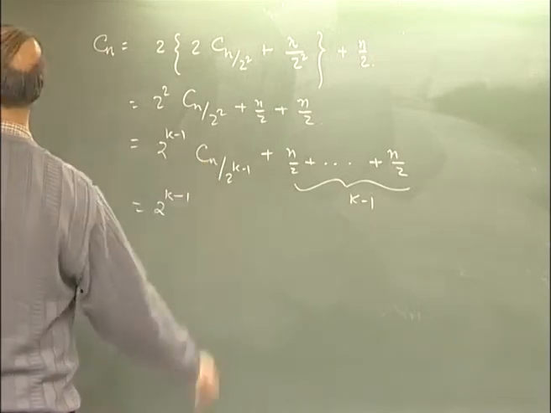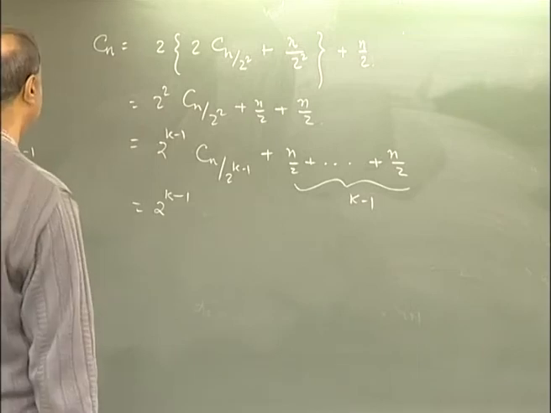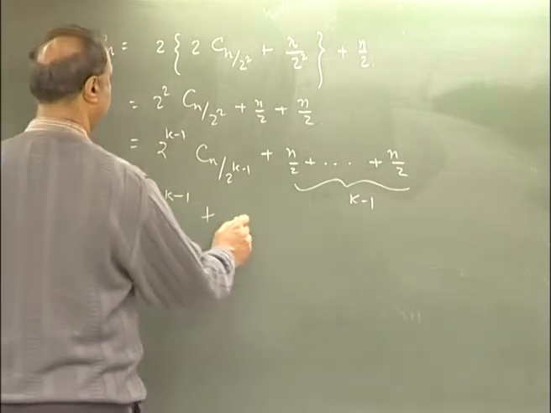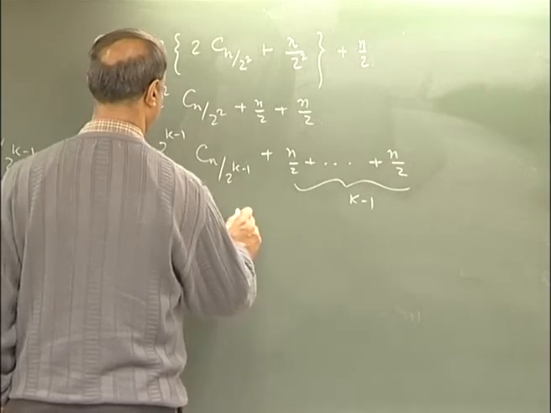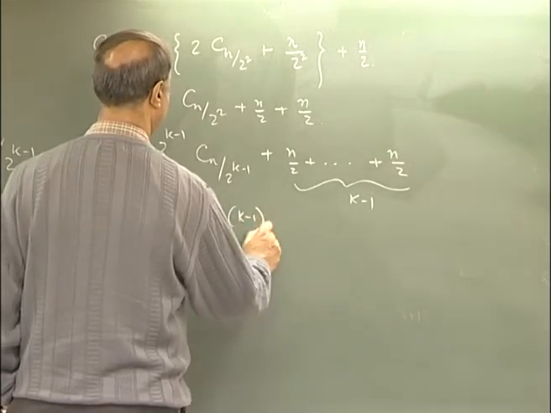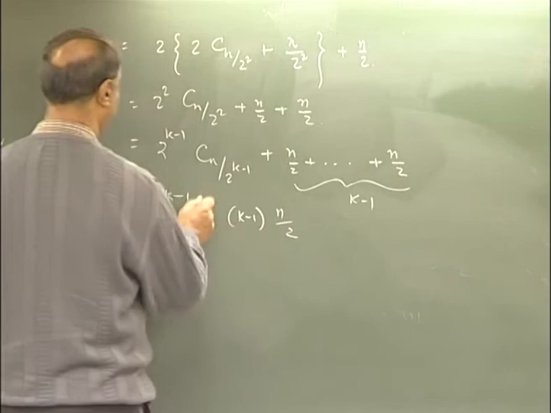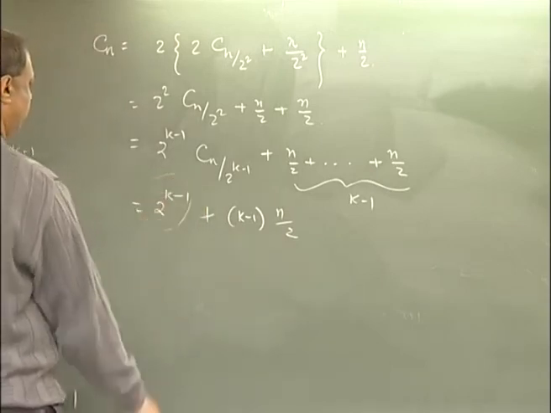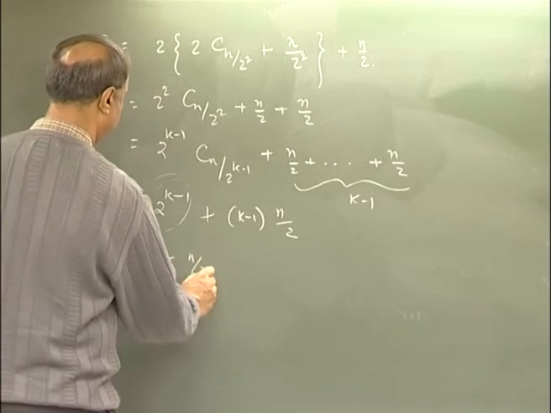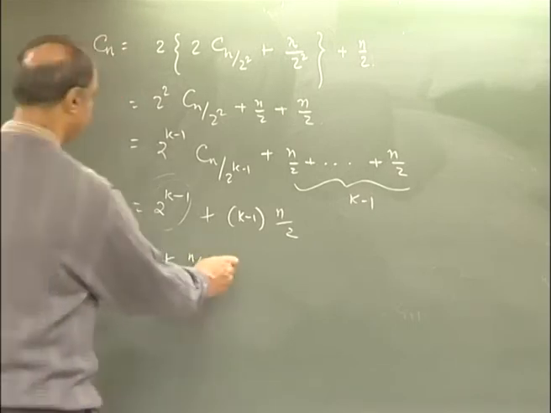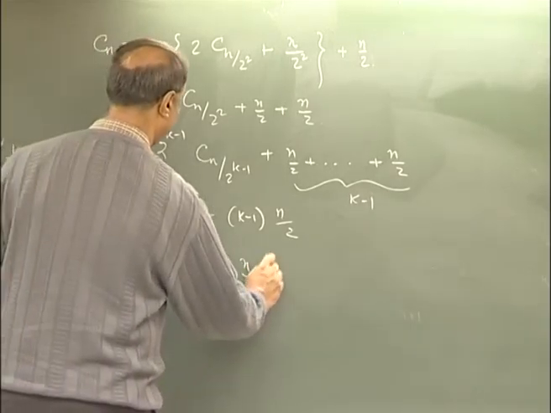Because C2 is 1, you get k minus 1 times n by 2, and this is also 1 times n by 2, right? So you get k n by 2, that is n by 2 log n.